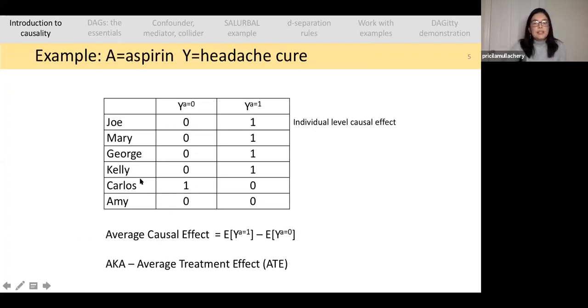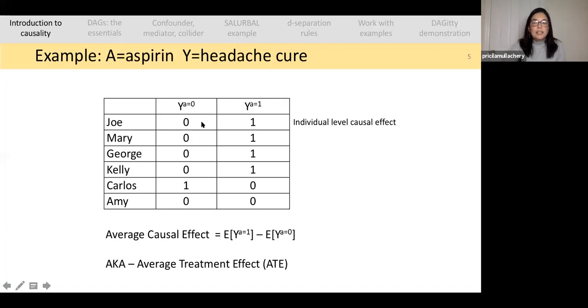Here is our example again. We have 6 people, and we can see their potential outcomes: the situation in which they didn't take the aspirin, and the outcome under treatment equals 1, when they do take the aspirin. Of course we can't observe both, which is why they are called potential outcomes.